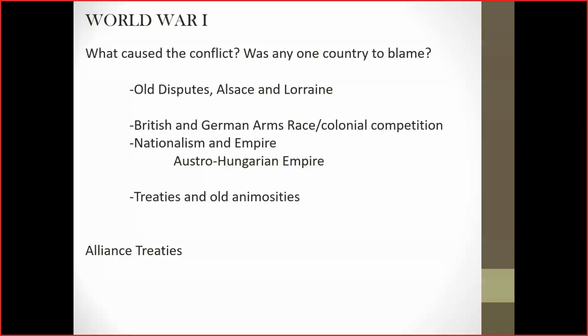They cost a lot of money, they're supposed to be built for a purpose, and they encourage countries to feel perhaps more confident in their abilities in war. And so arms races are very dangerous because they tend to encourage the development of war. So you had territorial disputes, border of France and Germany. You had an arms race between British and Germany.